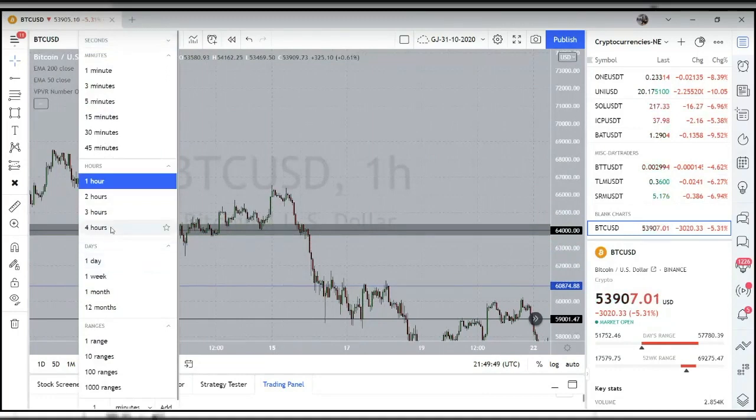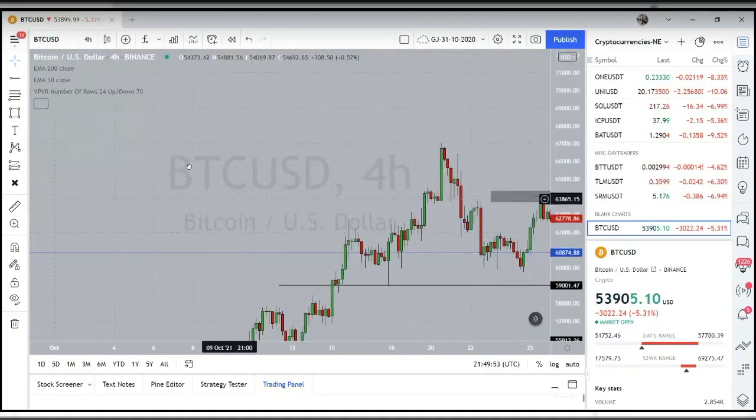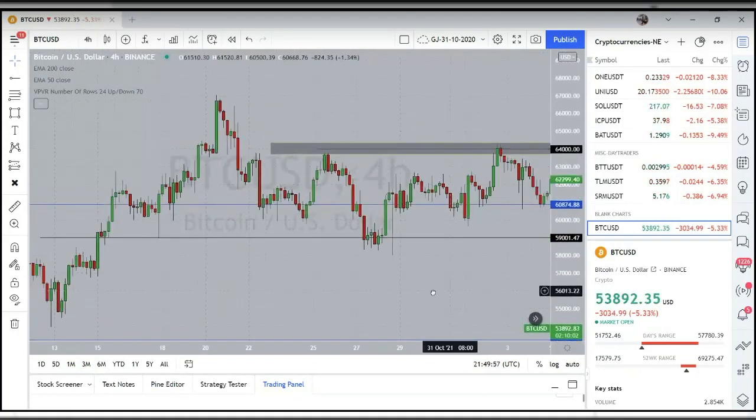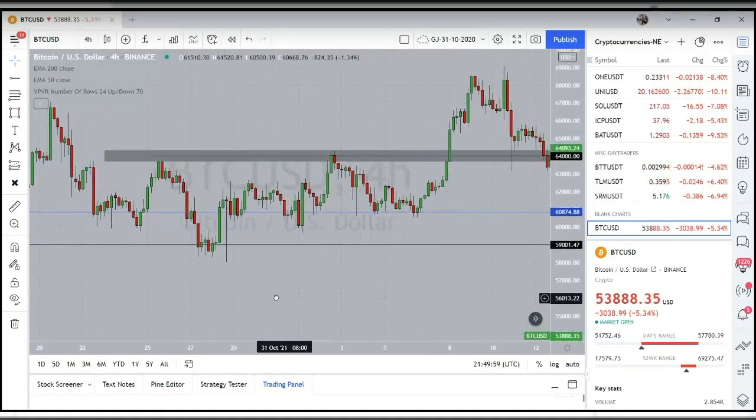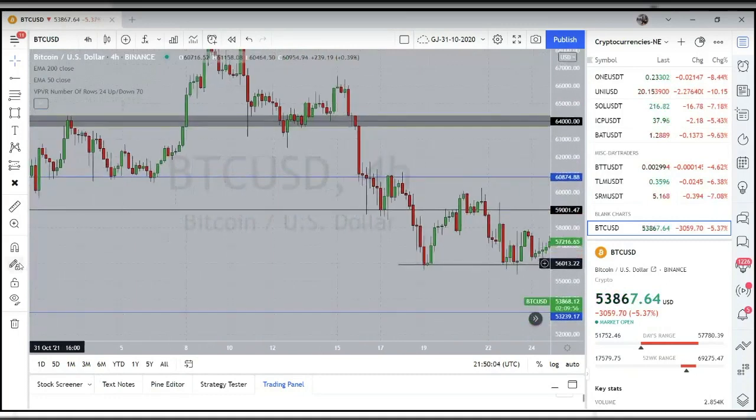So these zones can give you an idea of what the market is doing at these levels, and where to place your entries and limit orders.